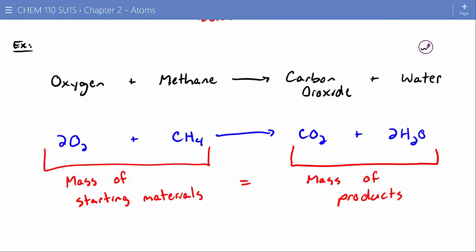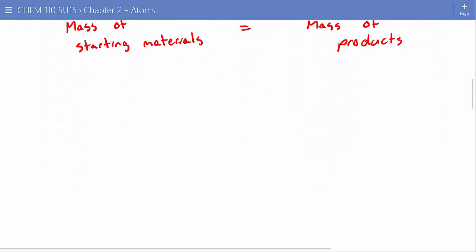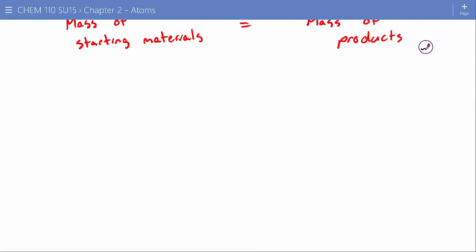Alright, there's also one other law that I wanted to mention. This is called the law of defined proportions.